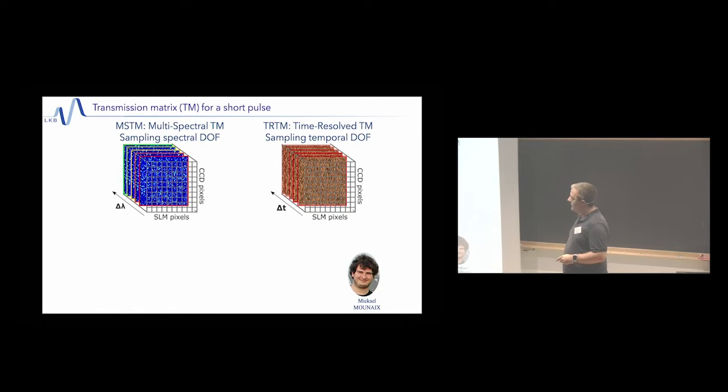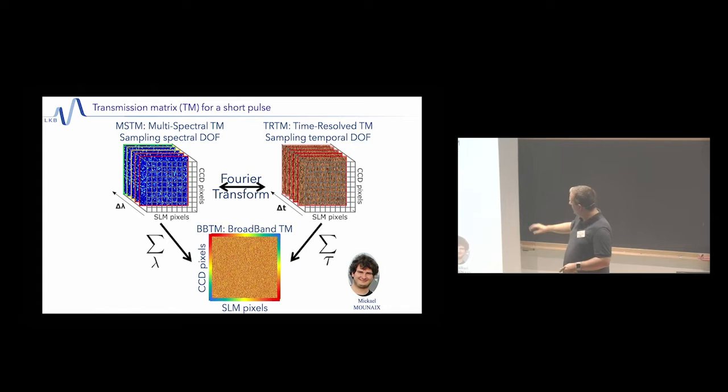You can actually do it equivalently as a time-resolved transmission matrix, where you measure the transmission matrix at a given arrival time, and then you can change this time, and you get these so-called time-resolved measurements. And they are just related by Fourier transform. We also had a third method, which is called the broadband transmission matrix, where you basically measure everything together by just squeezing them into a single measurement.